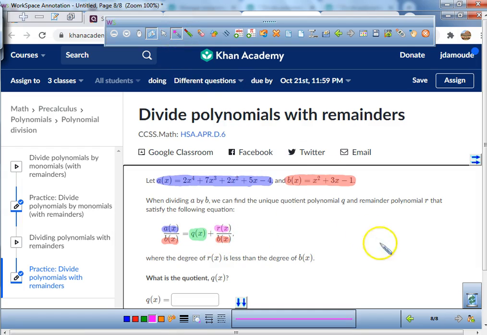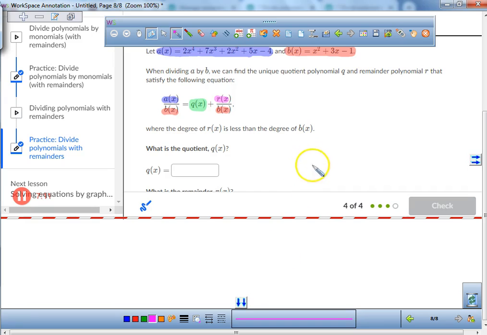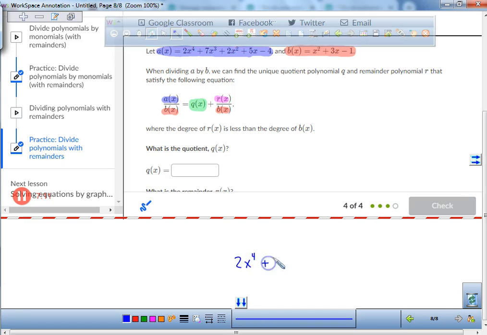So this one's going to take a little bit of time. So here we go. I'm just going to do it right down here. Hopefully you can see it. I'm going to write down 2x to the power of 4 plus 7x cubed plus 2x squared plus 5x minus 4.